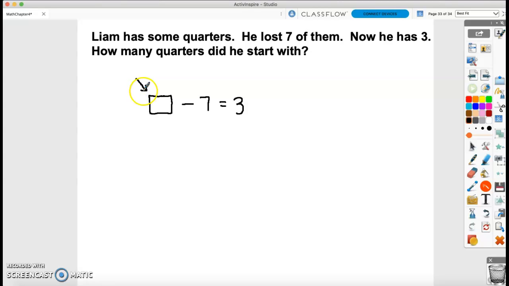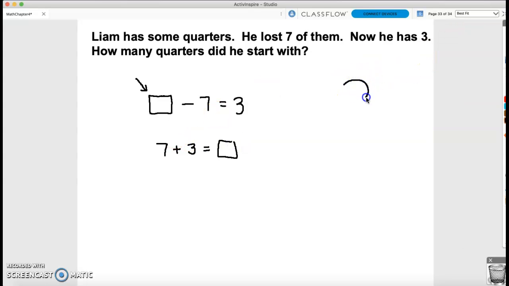So we could use an addition sentence to help us solve this. So I could say 7 plus 3 equals something. Because when I look, I could use this as my number bond. He has some quarters is what he starts with. He lost some, so that's only part.